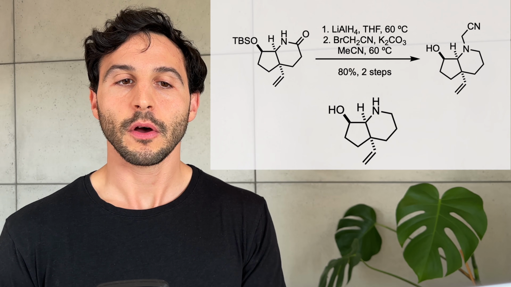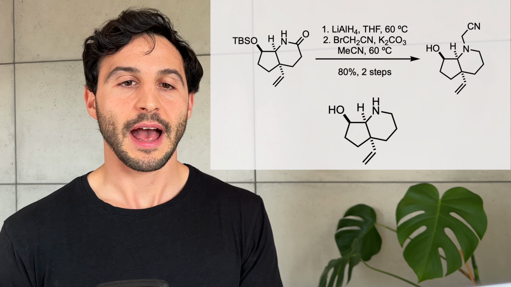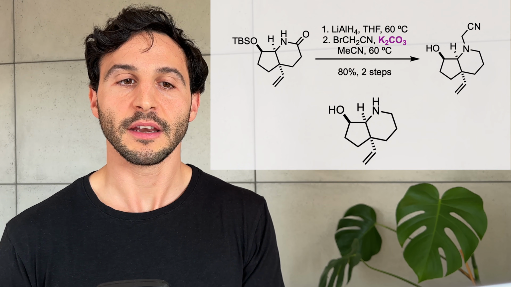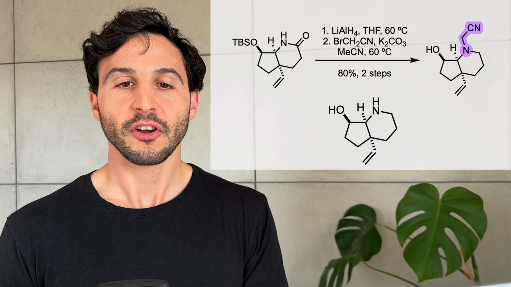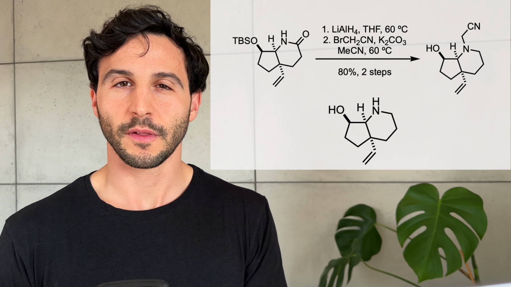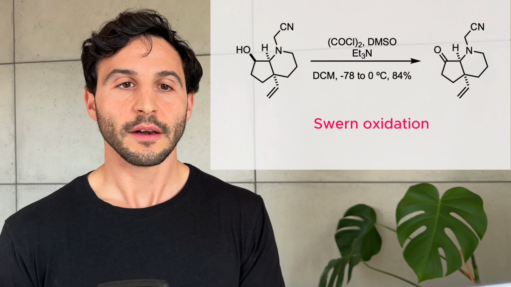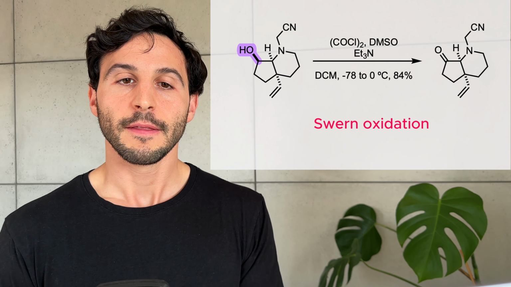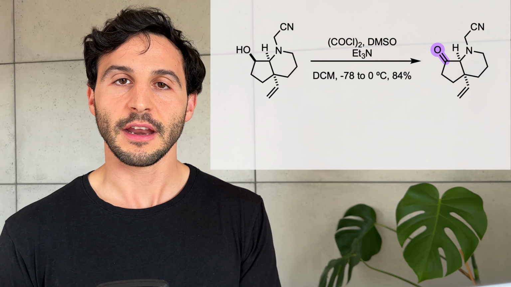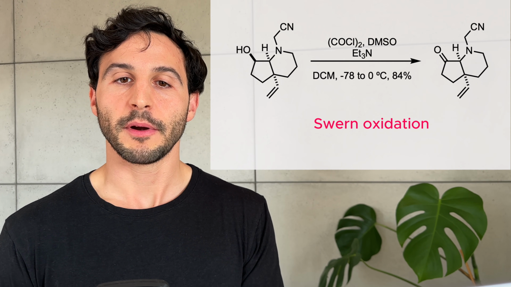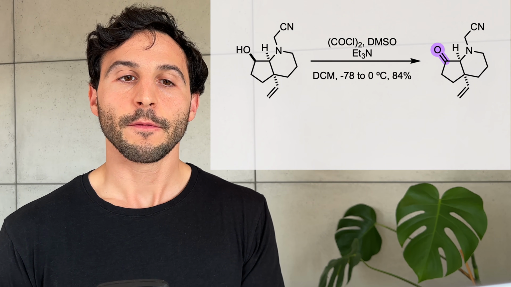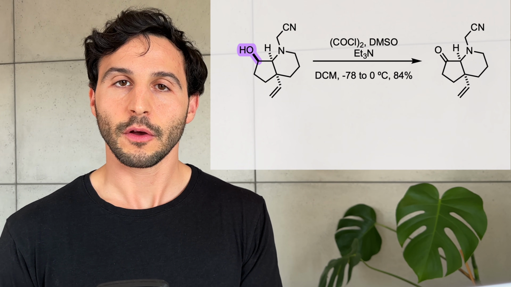The amino alcohol is then selectively alkylated with potassium carbonate and bromoacetonitrile to give the aminonitrile in 80% yield over 2 steps. Swern oxidation of the alcohol delivers the bicyclic ketone in 84% yield. The Swern oxidation allows the preparation of aldehydes and ketones from primary and secondary alcohols.